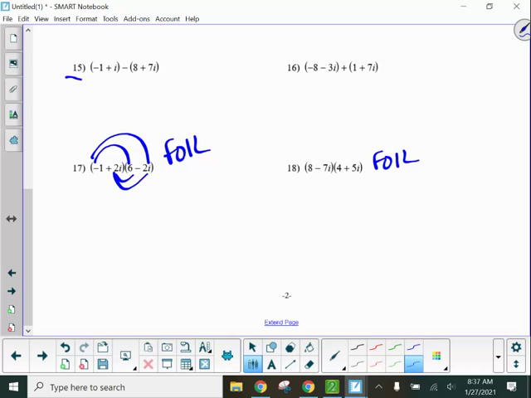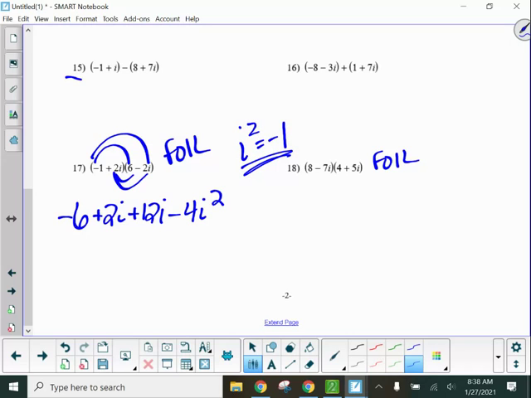So if I were to multiply this one, I'm going to get -6 plus 2i plus 12i, and then minus 4i squared. Anytime you multiply i times i, you're going to get i squared. And if you recall, i squared is equal to -1.